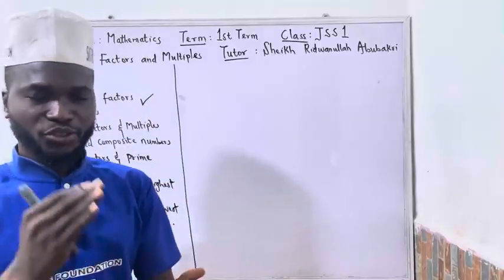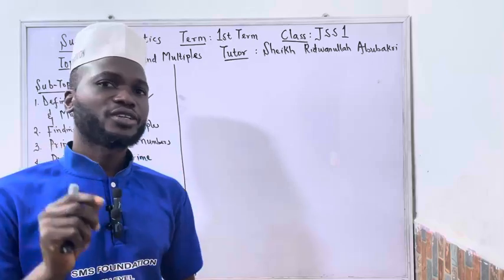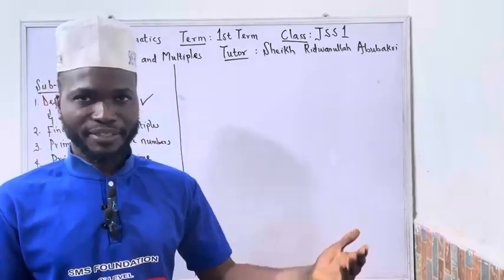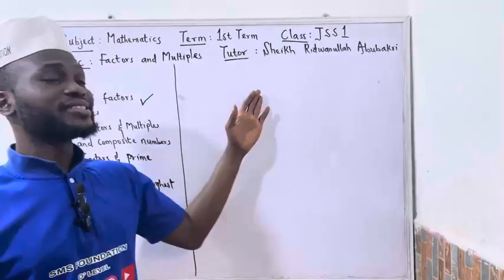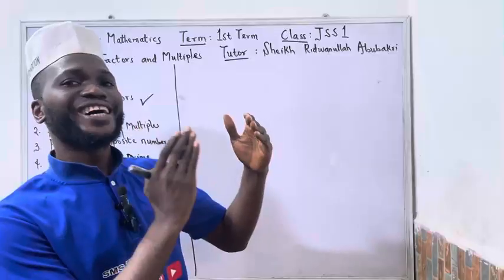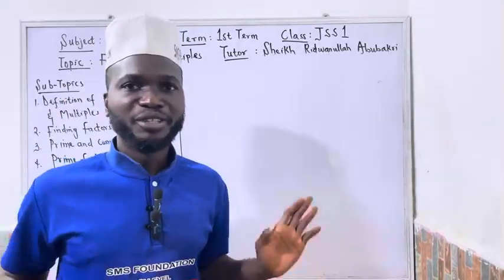Very good. You need to know the difference between factors and multiples. When we are talking about factors of a number, let's say the number is 6, these are all the numbers that can divide 6 perfectly, such that they will leave no remainder.